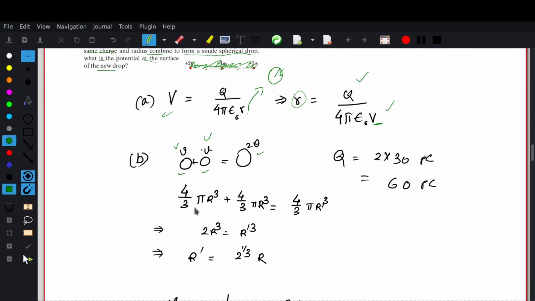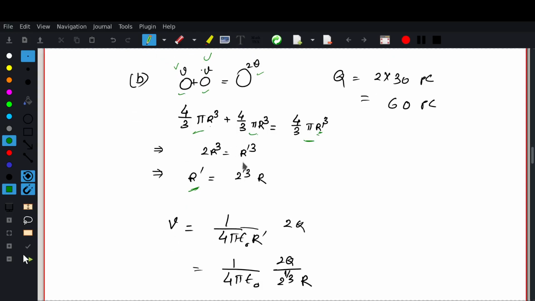We add up the volumes of the original two drops, 4 by 3 pi r cube and 4 by 3 pi r cube, and equate it to the volume of the new drop, which is 4 by 3 pi r prime cube. So we solve for r prime. It is 2 to the power 1/3 times r.